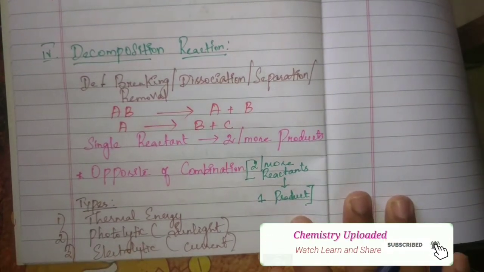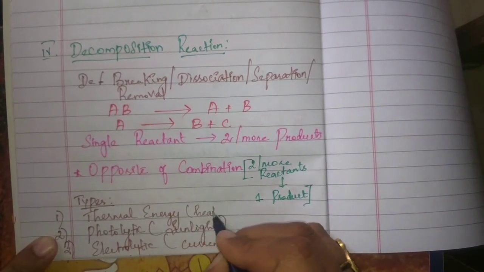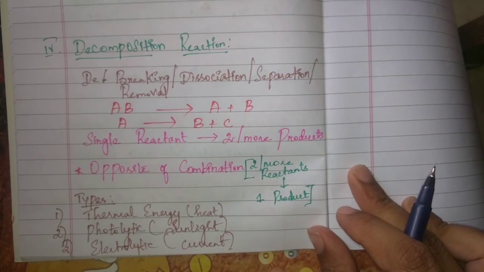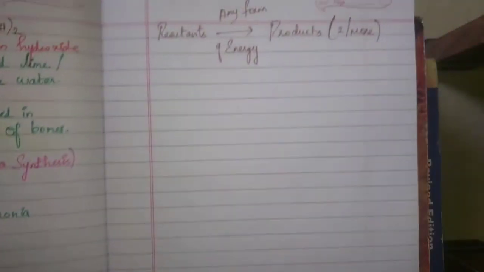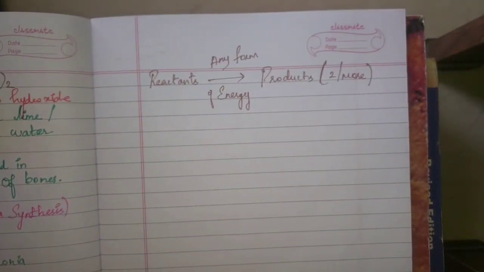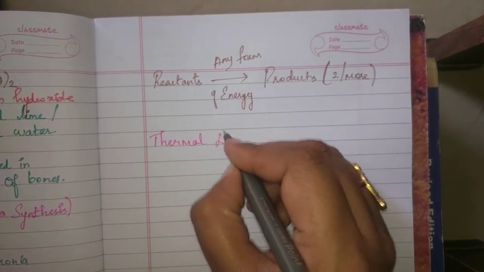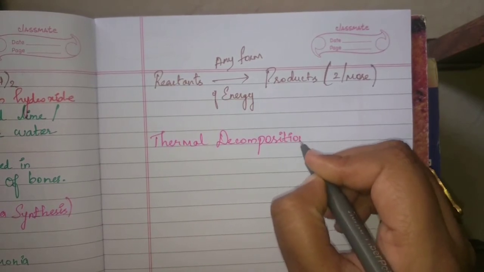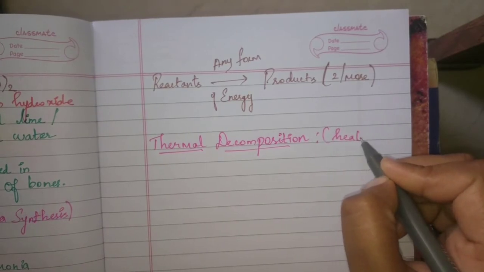So these are the three types of decomposition reactions, students. Thermal means using heat. So let us discuss one by one. First one, thermal decomposition. That means the decomposition reaction takes place with the help of heat. Here which energy is used? Heat energy.